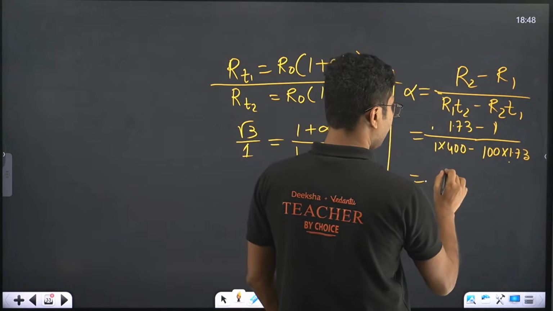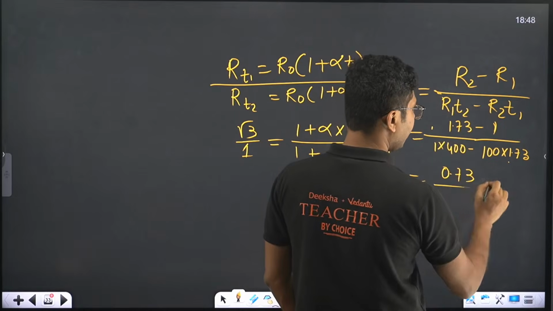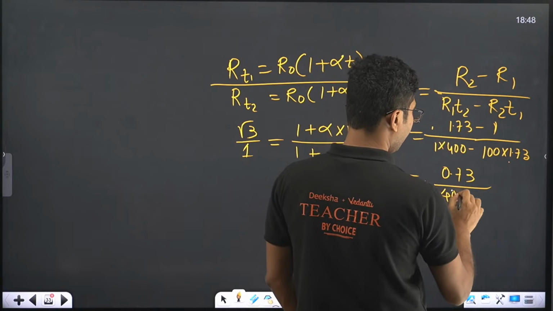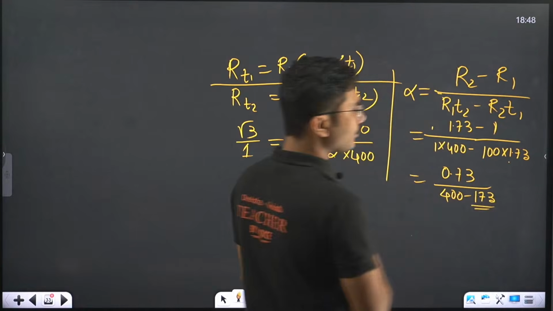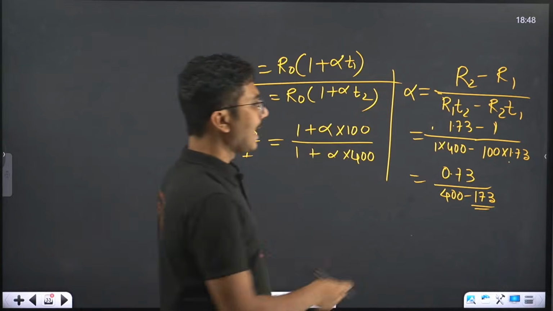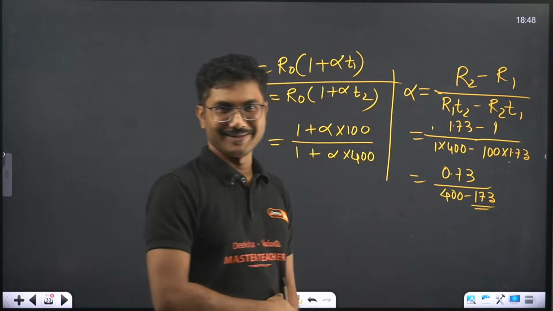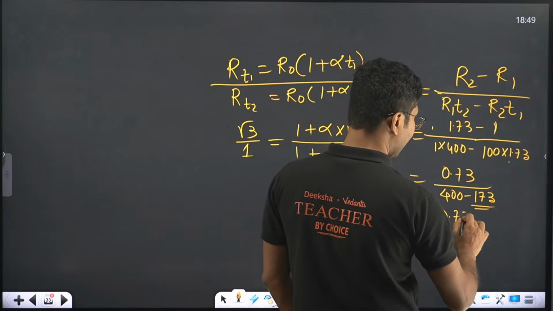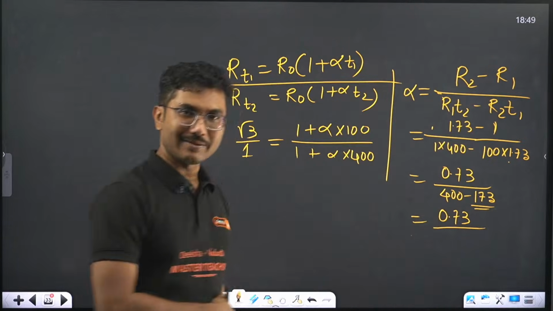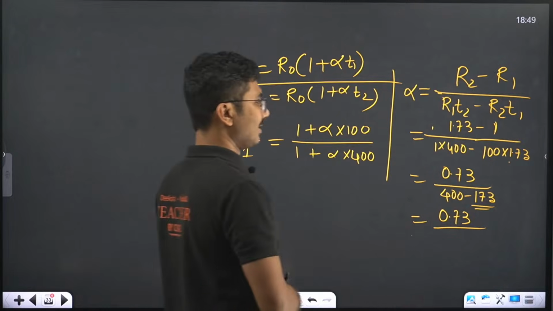So it will be 0.73 divided by 400 minus 173. So if you see that I have used almost the same formula, only I have used 400 minus 100. So that will give you more accurate formula, but the approximation method that I have used is simpler and easier.